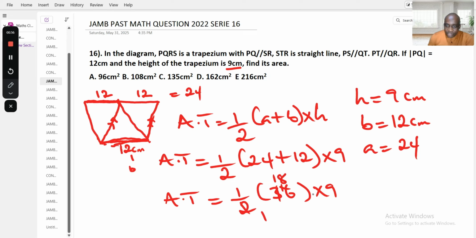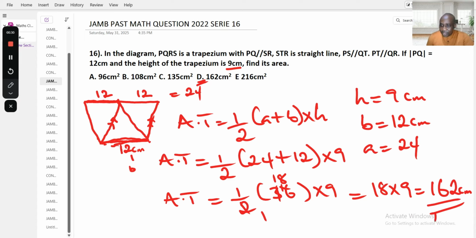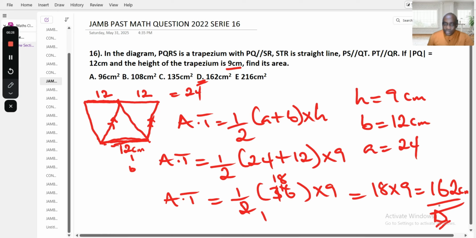Therefore, our final answer will be 18 multiplied by 9. What is it going to give us? Let me use calculator. 18 multiplied by 9 is going to give us 162. The area will be 162. Do we have 162 there? Yes, D. Our final answer is D. Let's move to the next question.